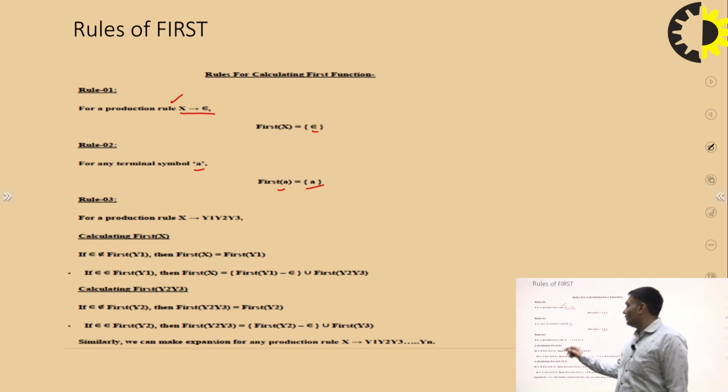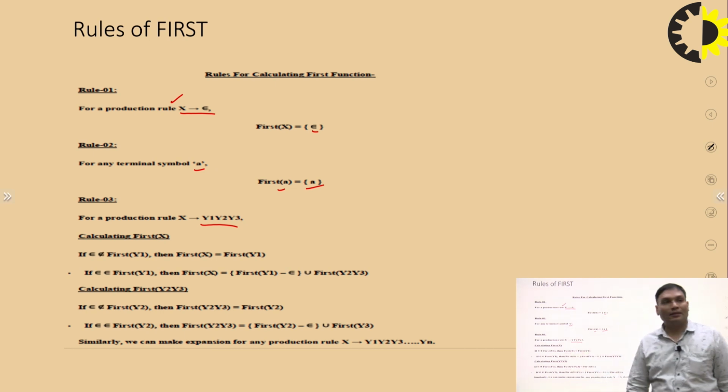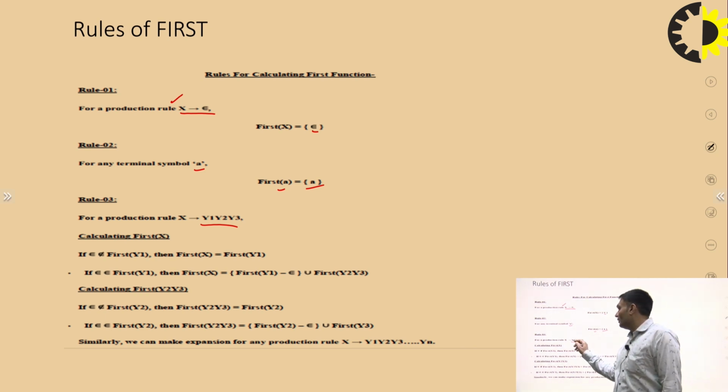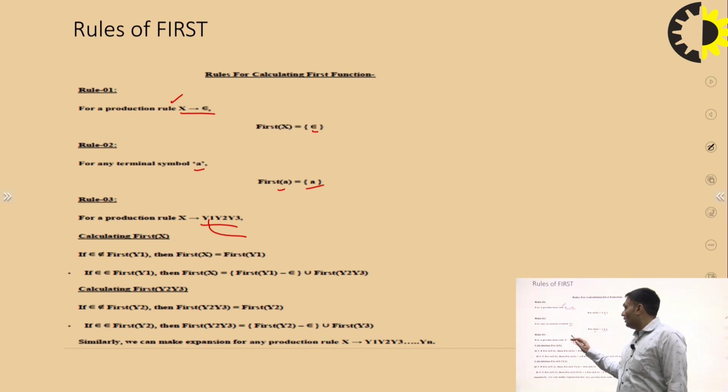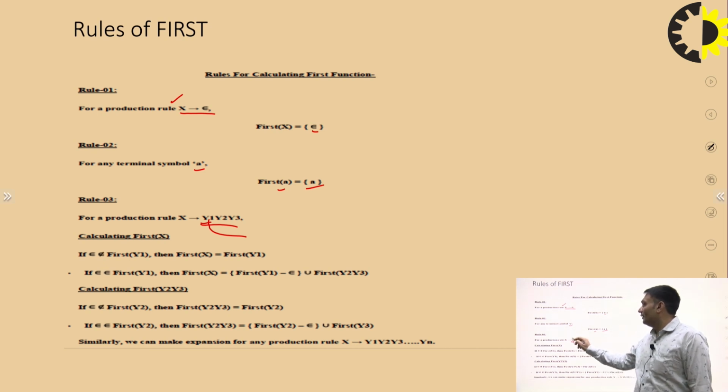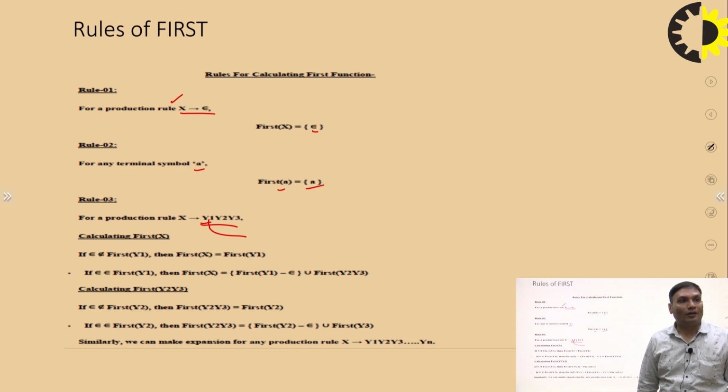For any production rule like this, in this example, we can see there is no terminal symbol in the right hand side of the production rule. Then we will just see what the generating terminals are using this first non-terminal symbol.